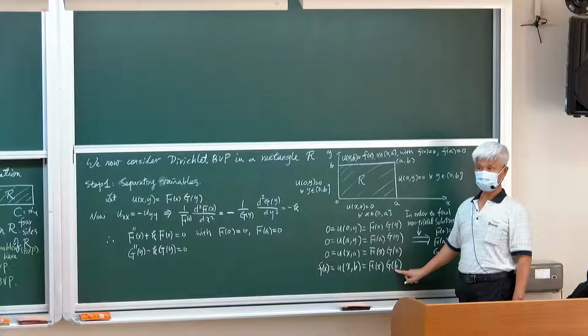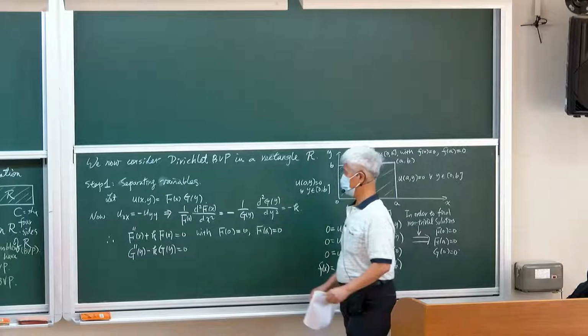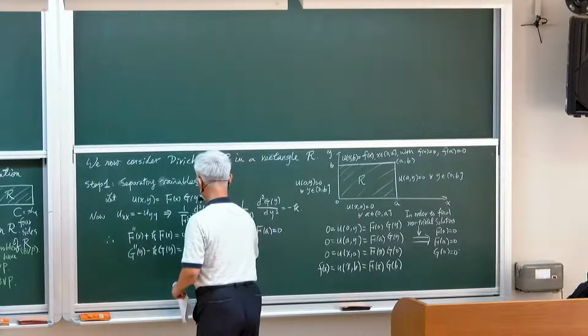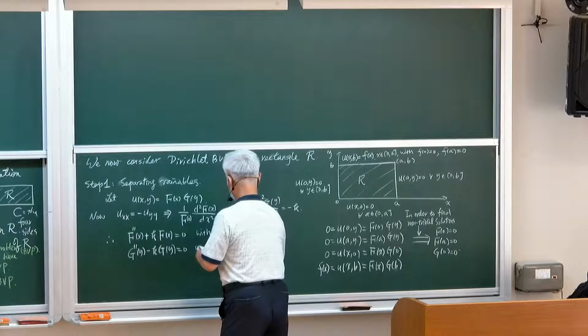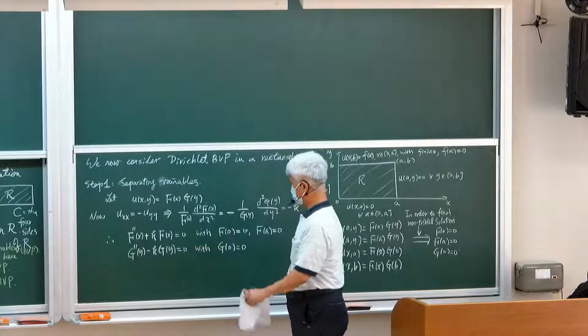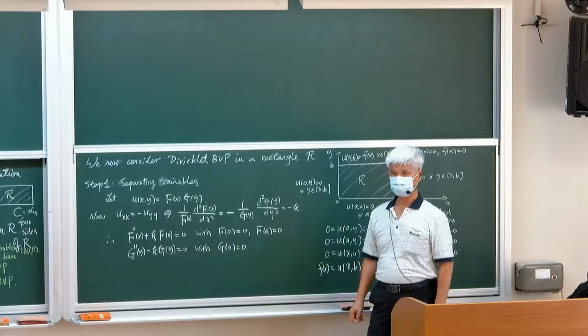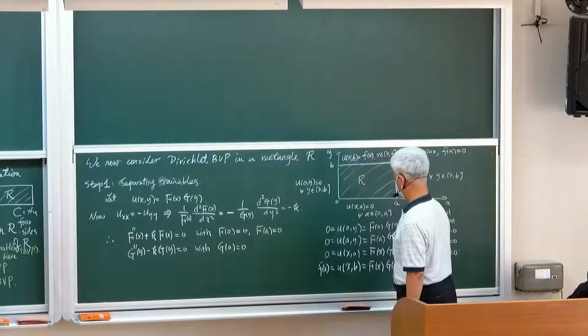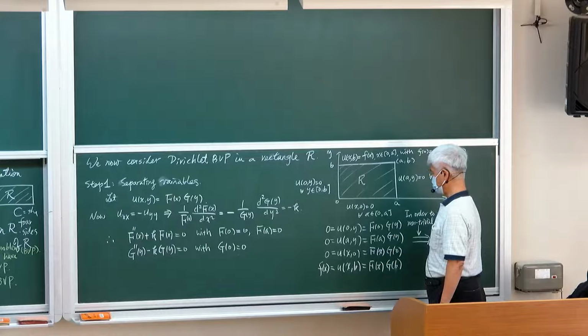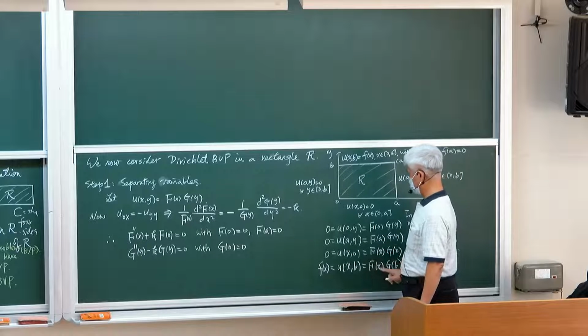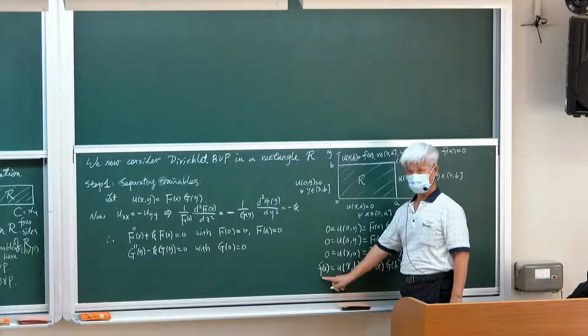At this moment, we have only homogeneous boundary conditions here. And G(b) can be determined if we can determine F(x), because little f(x) is given.